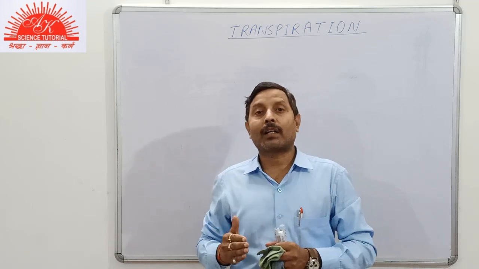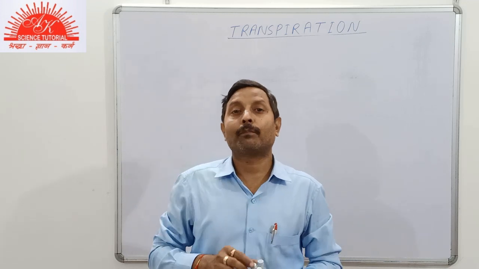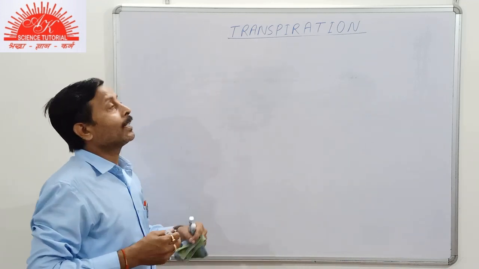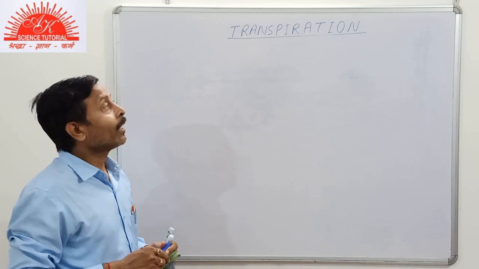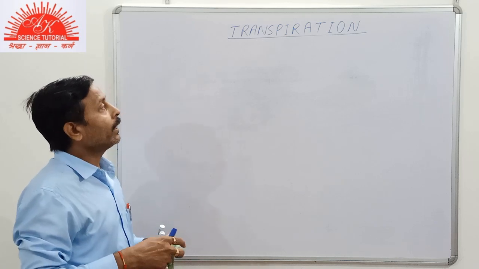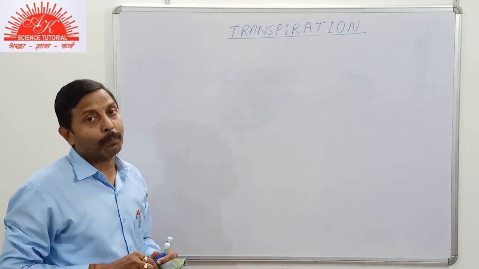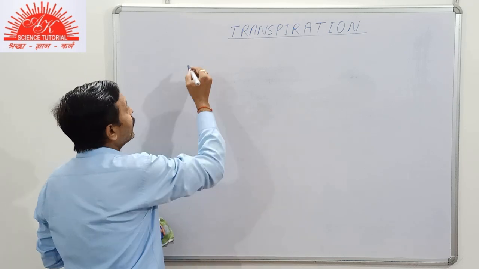The loss of water in the form of water vapor is known as transpiration. So it plays an important role in the life process of the plant. So what is transpiration?